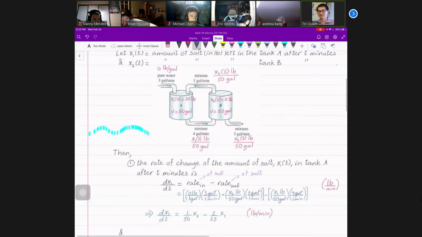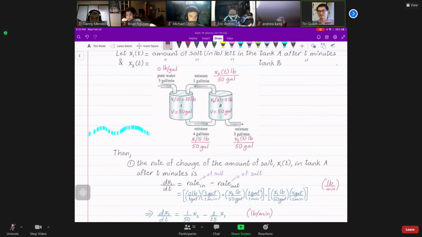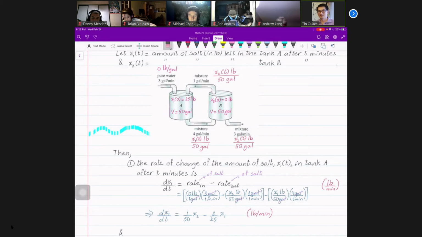How many sources are leaving tank B? There's two. We see it's leaving right here. You see the arrow? And then also right here, it is leaving tank B. So you have to add the amount of salt leaving the tank here and the amount of salt leaving the tank here to get the total rate coming out.